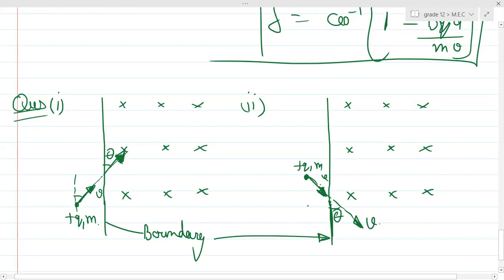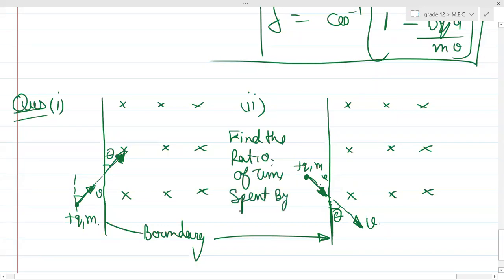Now the question is, find the ratio of time spent by the charge in the magnetic field in both cases.